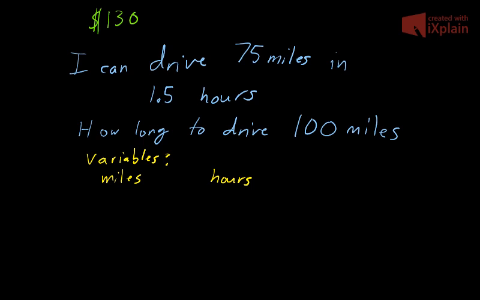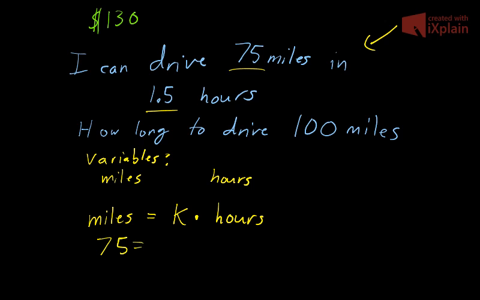So the amount of miles is equal to something times the number of hours. Looking back at the beginning of my problem, I can drive 75 miles in 1.5 hours. Plug that in: 75 equals k times 1.5.